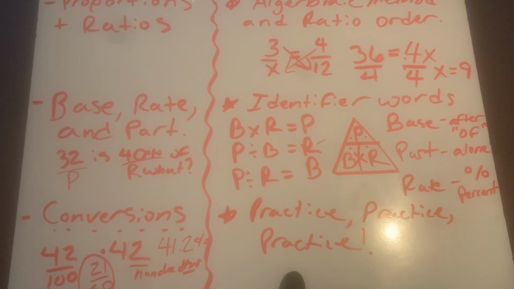And the key to conversions is really just to know how to do each different one, because there's a lot of them. So it might take some time, but just practice. I have several worksheets on my website. Just go through, practice them, and then try to get them sorted out from each other.